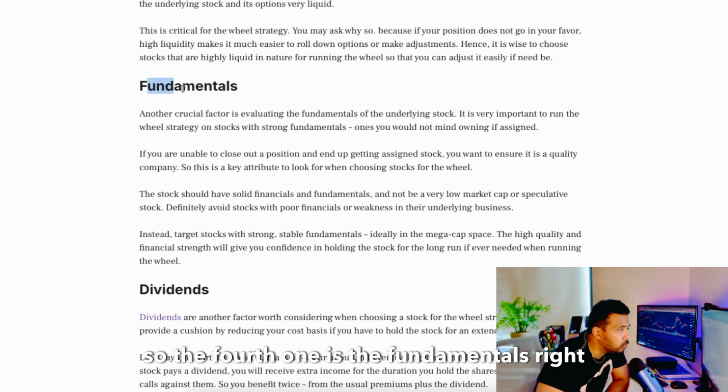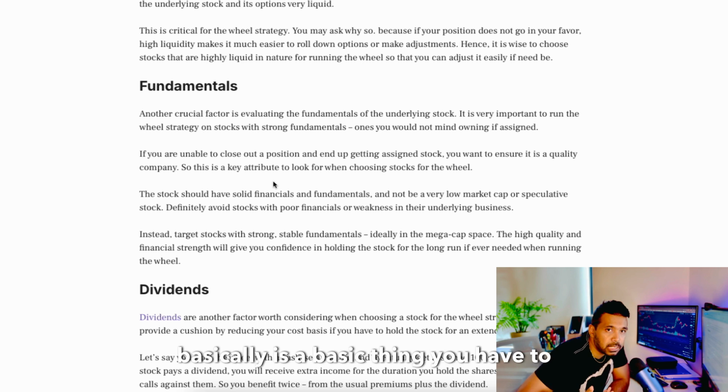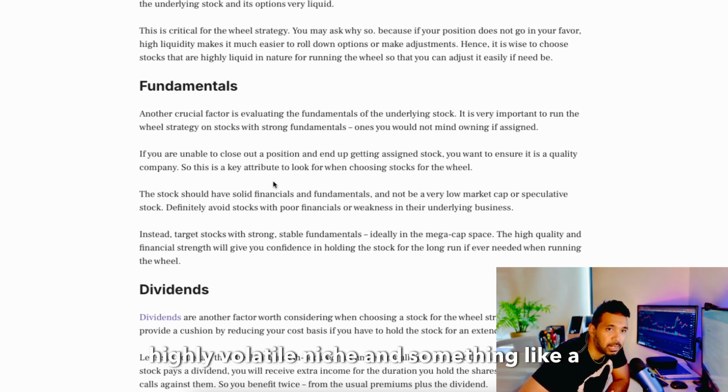Okay, so the fourth one is the fundamentals. Fundamentals is a basic thing. Don't choose a stock which is a pink slip kind of stock, which is highly volatile in nature, something like a pharma stock.